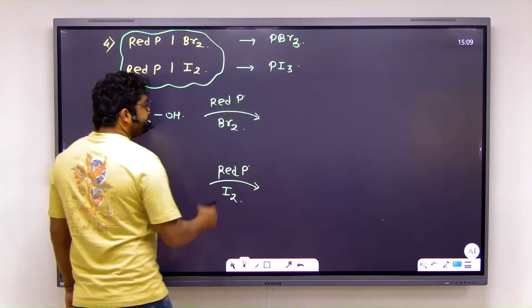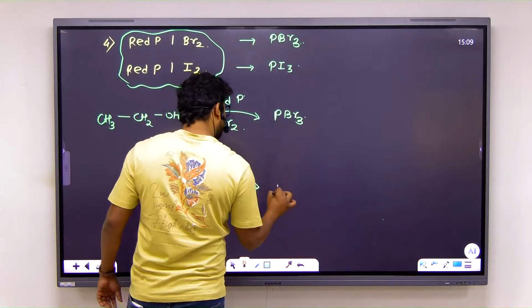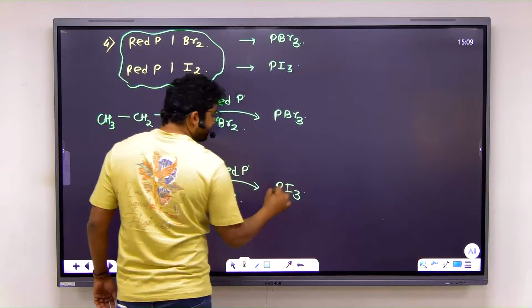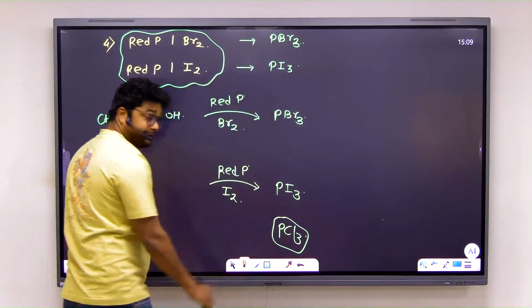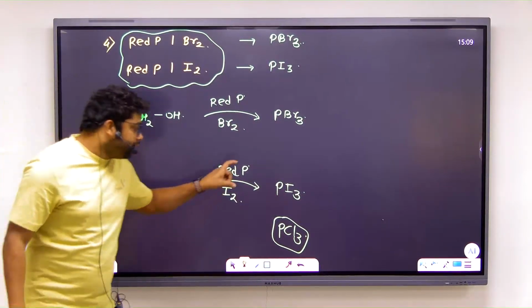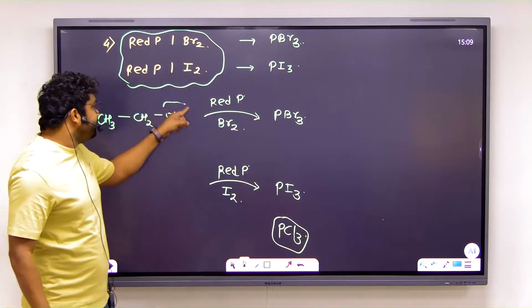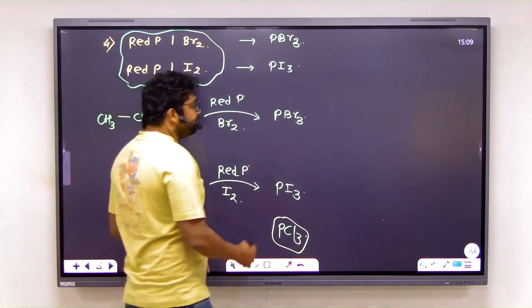So it means you are having the compound PBr3, and PI3, and they work like PCl3. Very important. And the role of PCl3 is to just replace OH by Cl.